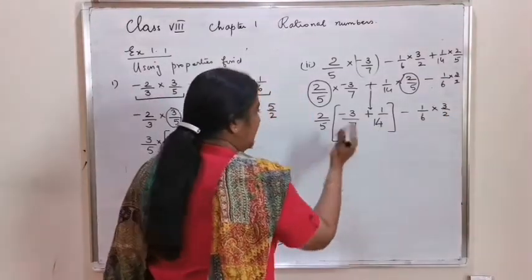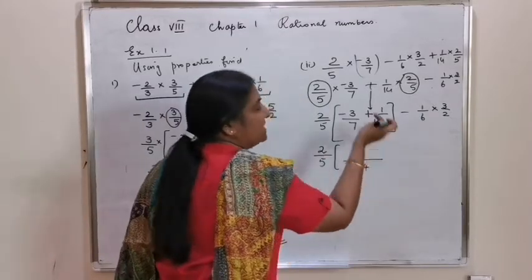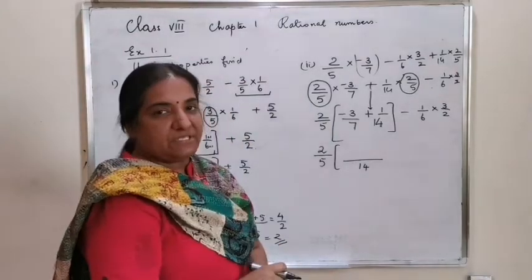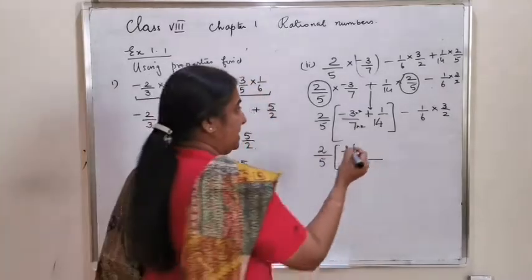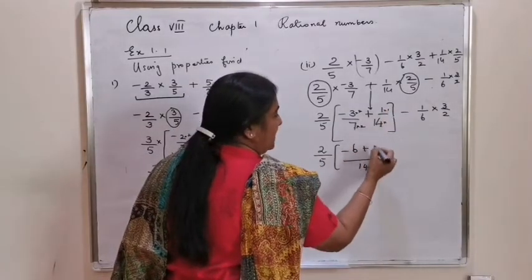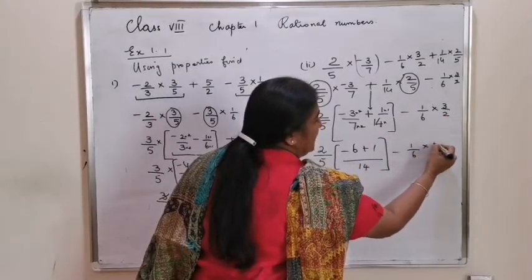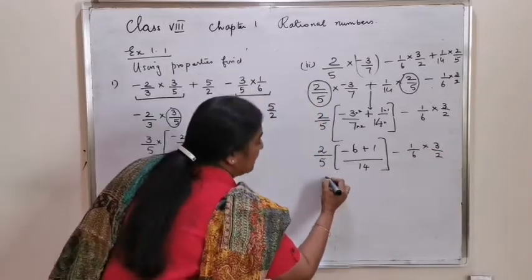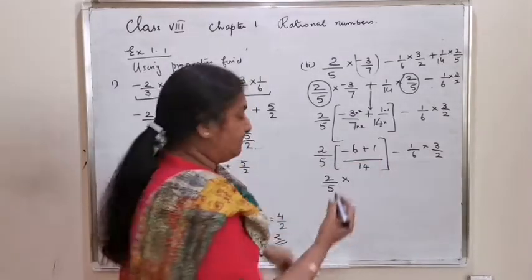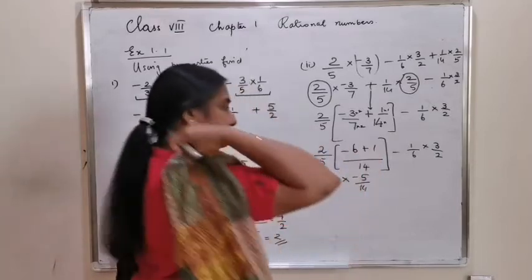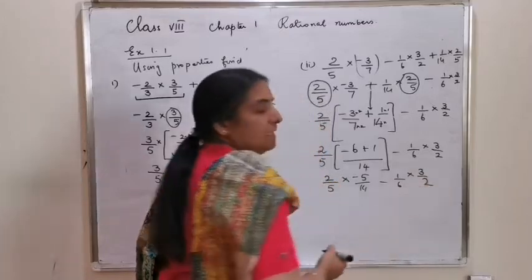You have to get an answer in the bracket. 7 and 14, as I am telling you again, 14 is a multiple of 7. LCM is 14. Into 2 is minus 6, plus into 1 is plus 1, minus 1 by 6 into 3 by 2. Finally, 2 by 5 into, what is minus 6 plus 1? Minus 5 by 14 minus 1 by 6 into 3 by 2.